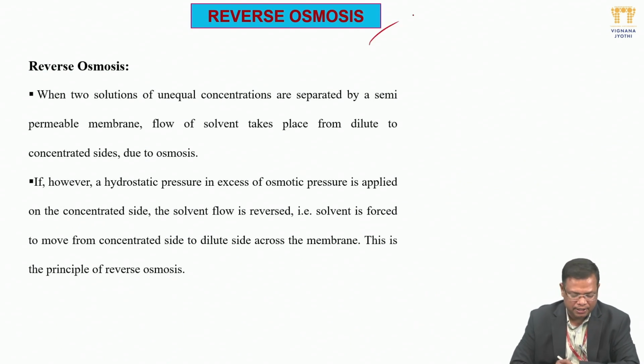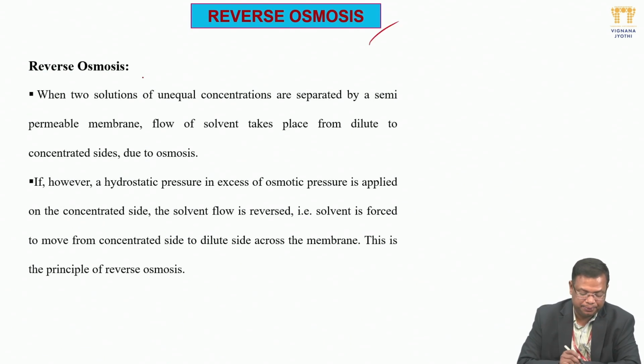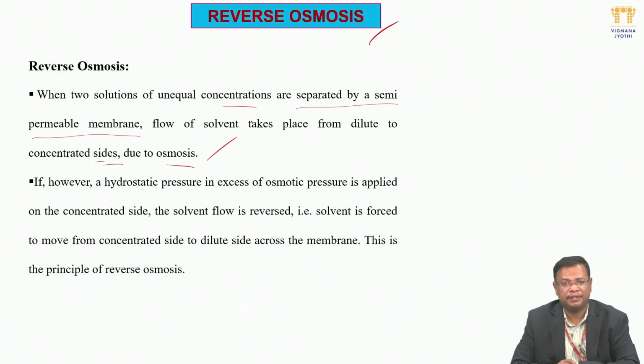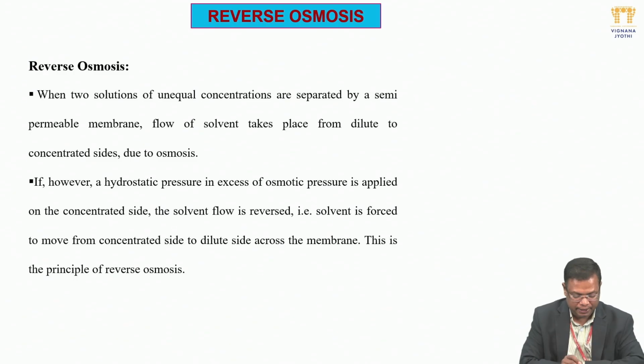Reverse osmosis. What is reverse osmosis? When two solutions of unequal concentrations are separated by a semi-permeable membrane, flow of solvent takes place from the dilute to the concentrated side due to osmosis, as we discussed just now. But whereas there is reverse osmosis.